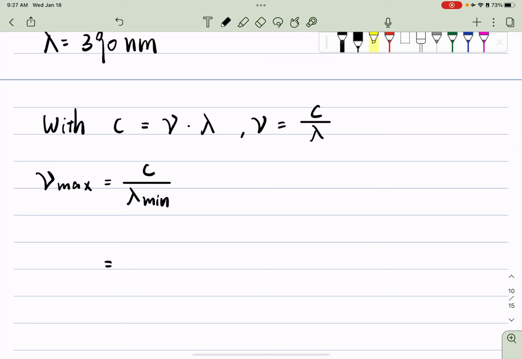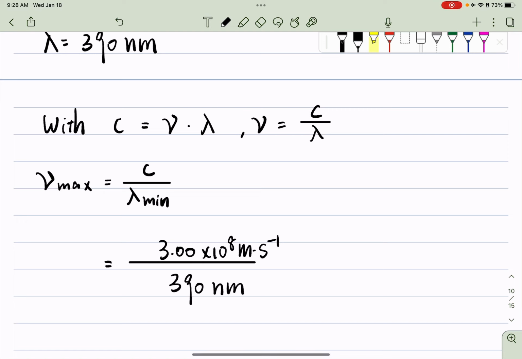Let's do that calculation together. We plug in the speed of light, about 3.00 times 10 to the 8th meters per second, over 390 nanometer, and transfer that into meters.